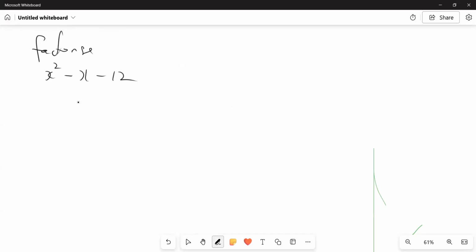So again, you can say, all right, let's find two numbers, P and Q. P plus Q must be equal to -1, and P times Q must be equal to -12. What two numbers do you think?